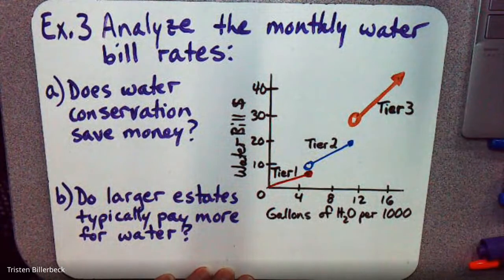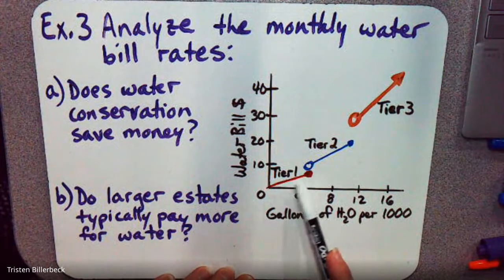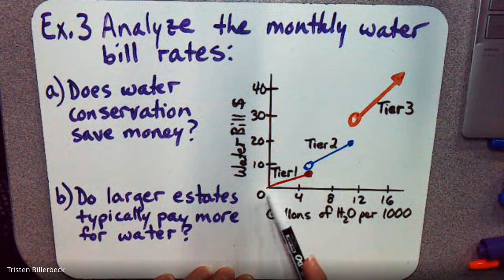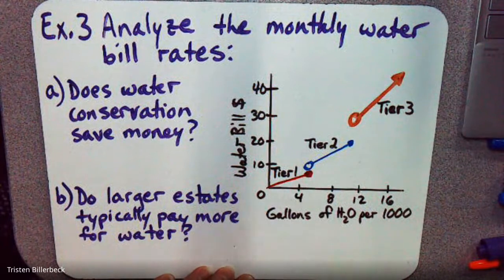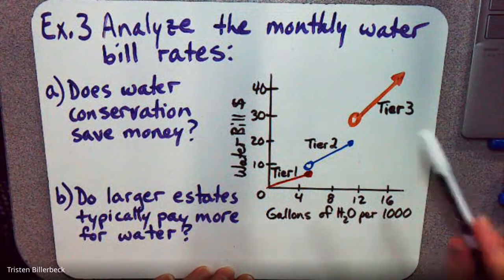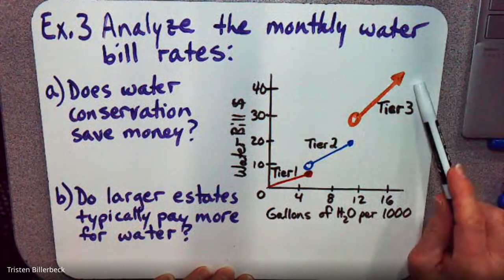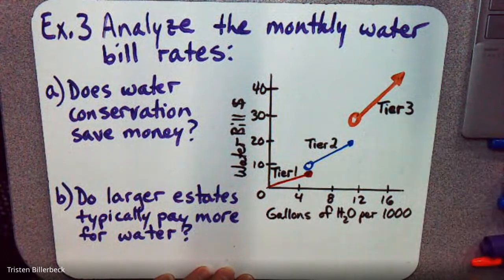So conservation, does water conservation actually save money? Well, it does. It saves you money. This is the water conservation person. So larger estates typically pay more for water because they have more landscaping. They have a pool. There's a lot of evaporation, so they have to keep refilling the pool.